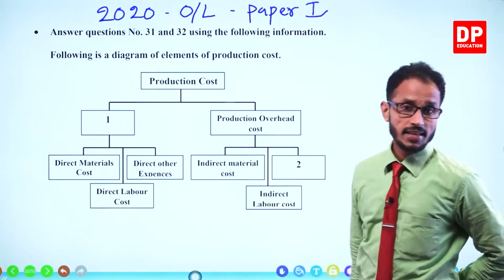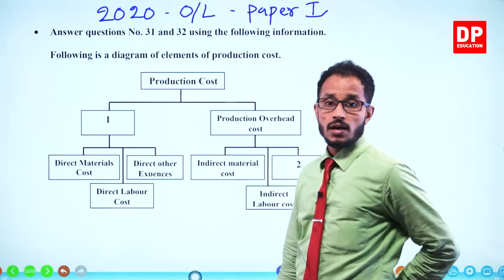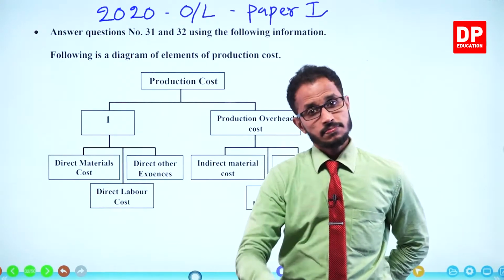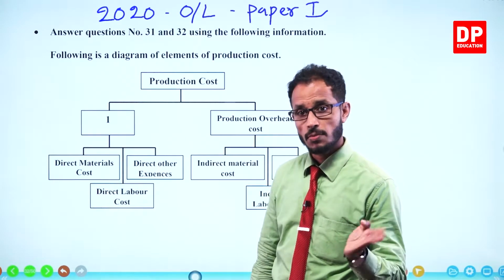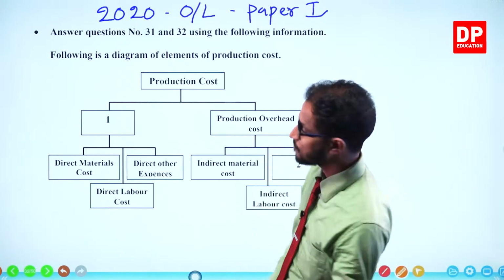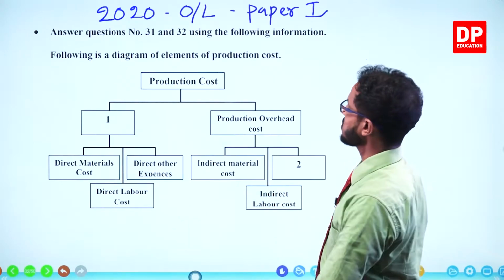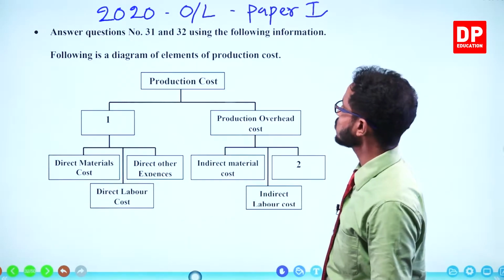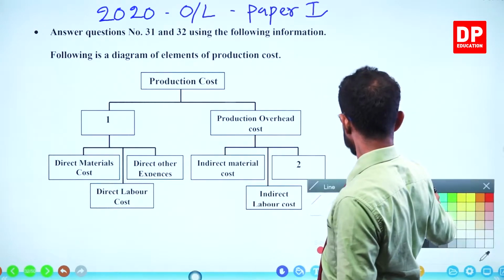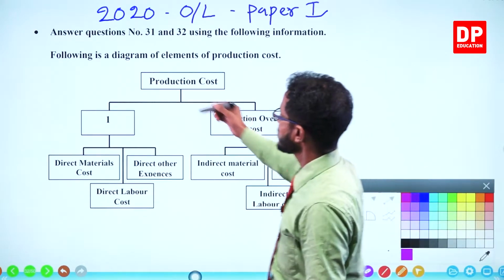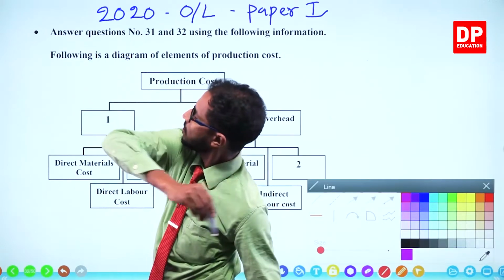Today we are starting from question number 30, up to question number 40. Okay. So answer questions 31 to 32 using the following information. They have given some information, right?